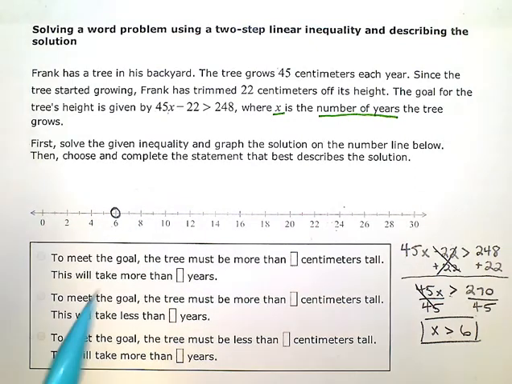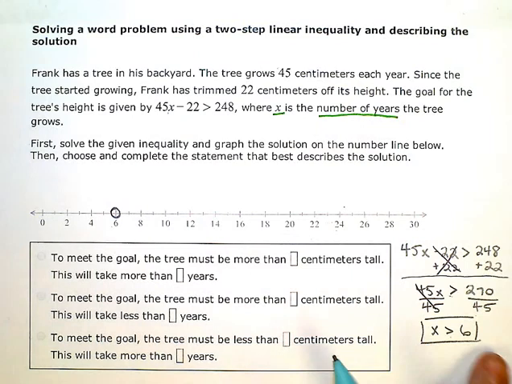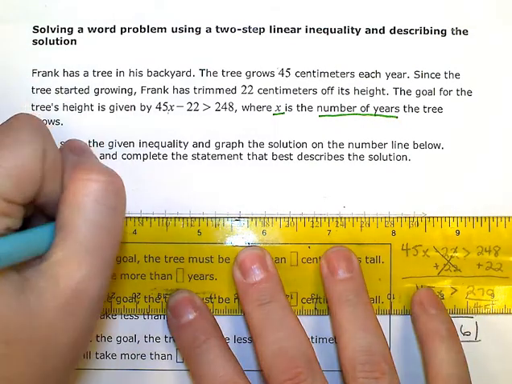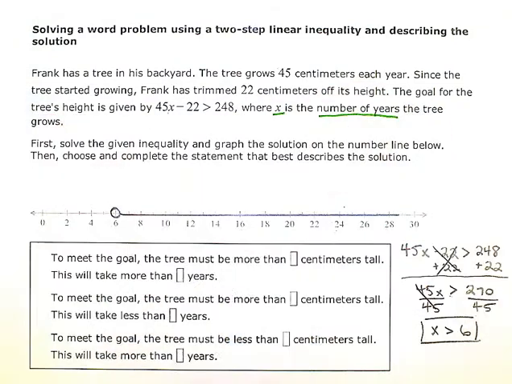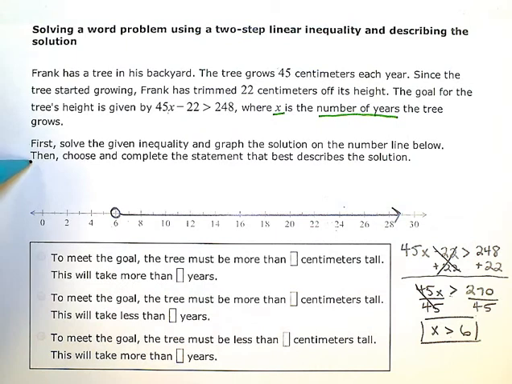And then in my graph, I want all the numbers greater than 6, so I'm going to draw my solution graph to the right, because 7, 8, 9, 10, 11, 12, those are the numbers greater than 6.